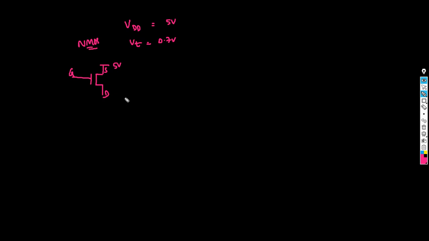Now, what is going to be the drain supply? Assuming VG is less than VT, the transistor is in off condition, so there is no problem. When the gate supply is greater than VT, what will happen to your VD?